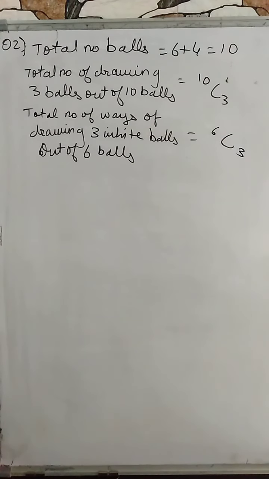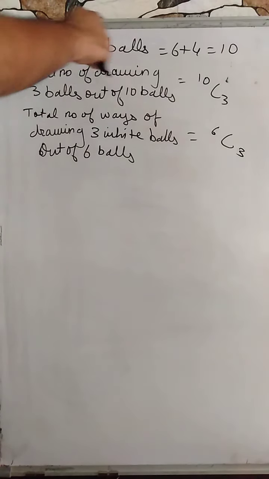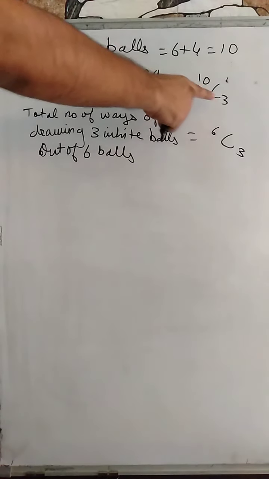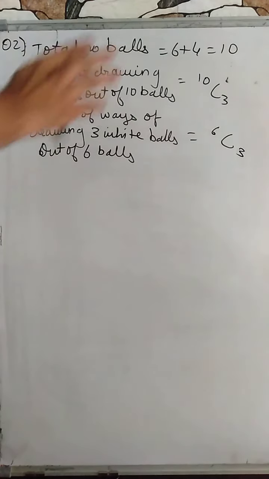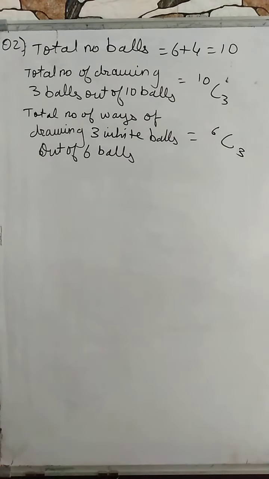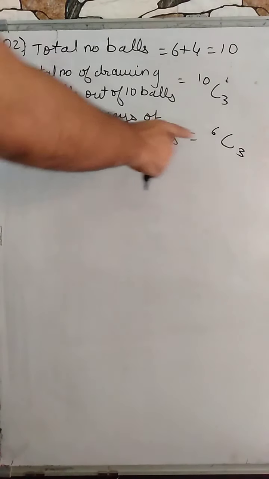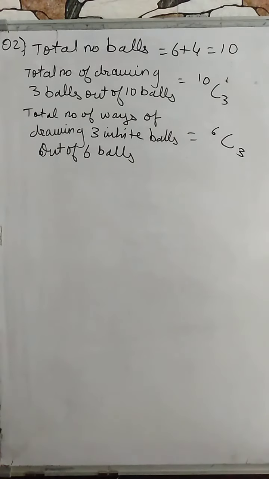So 6C3 ways. Okay, therefore, these 3 balls can be drawn in 10C3 ways. These are the total possible outcomes, out of which white balls can be drawn in 6C3 ways. The question has asked, what is the probability of getting 3 white balls?